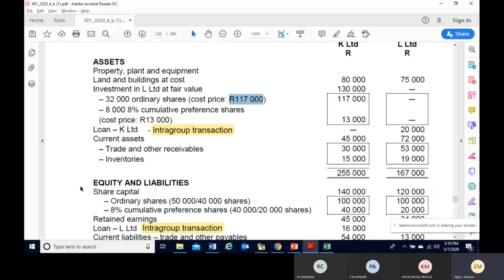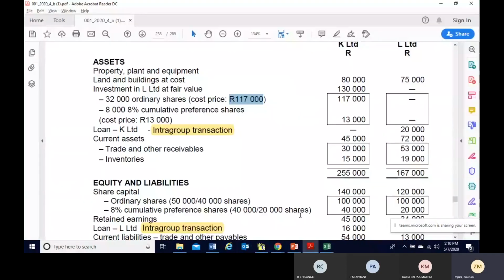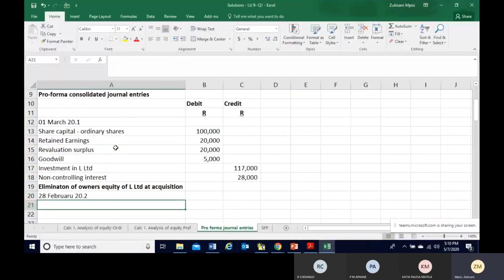Then the second one happens on the 28th of February, 20.2. You are told that there's inventories of 5,000 on hand for which we have to eliminate the unrealized profit.